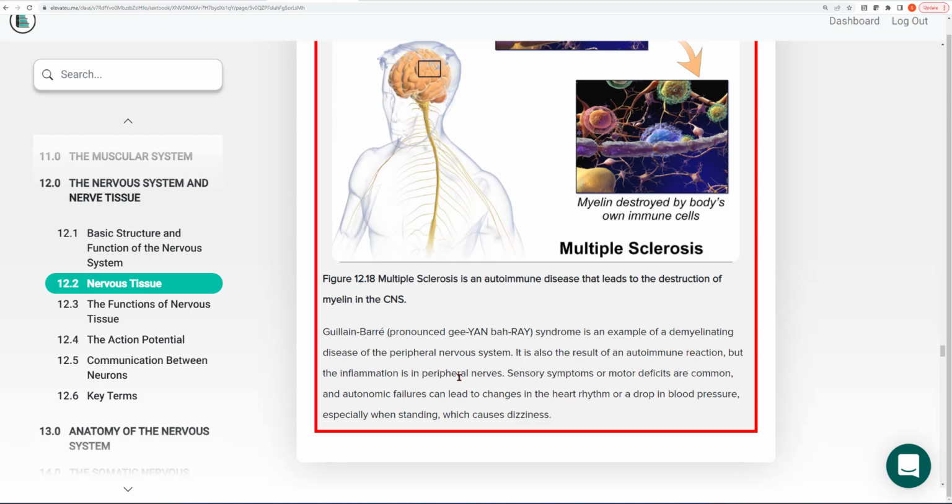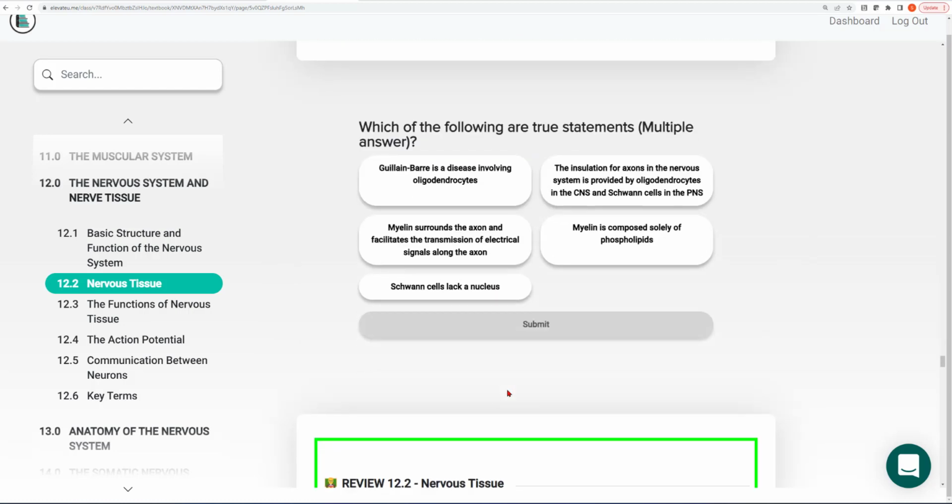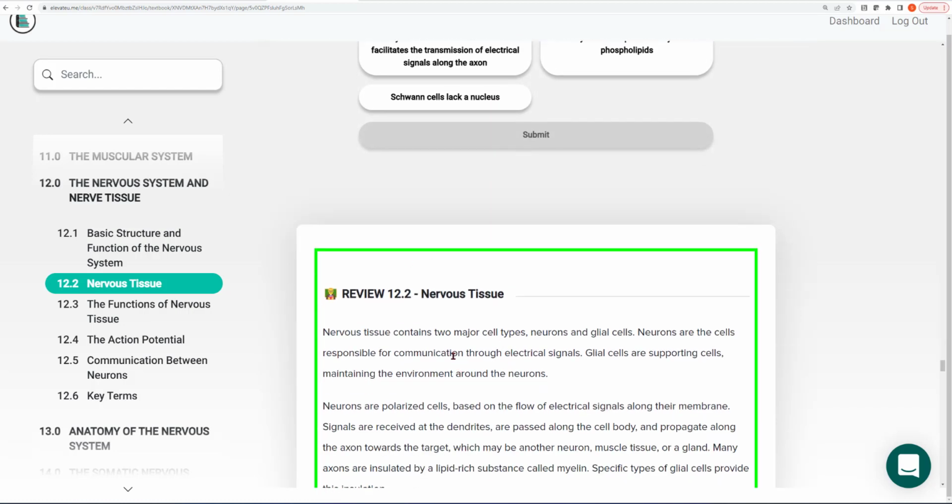And so the symptoms are slightly different, although there are some similarities between Guillain-Barre and MS. Oftentimes, it is said that Guillain-Barre is a lesser, more slowly evolving disease than MS, but that's not always the case. So that brings us to the end of 12.2.